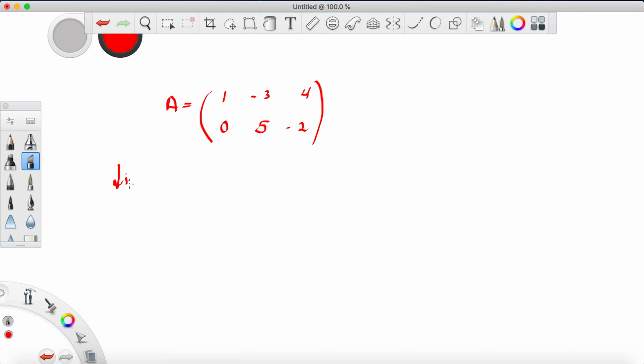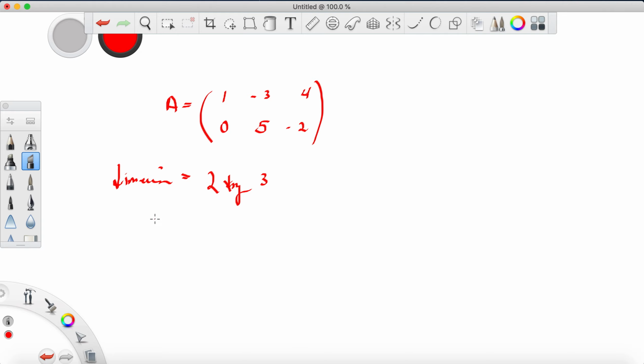This is 2 by 3. You might recall when we were learning the dimensions of vectors, vectors were either 1 by n or n by 1, depending if it was a row or column vector. In this case, because there are 2 rows and 3 columns, this is a 2 by 3 matrix.